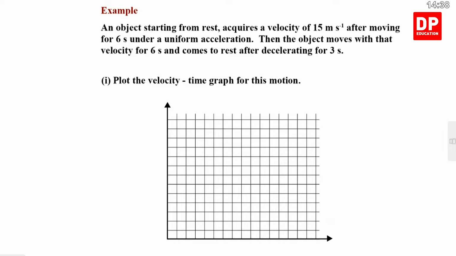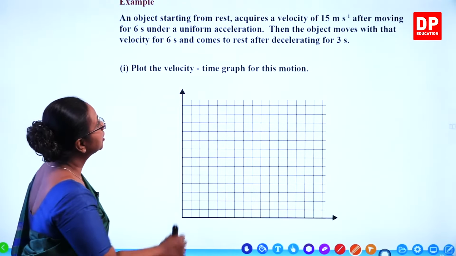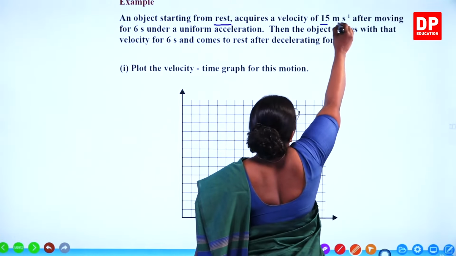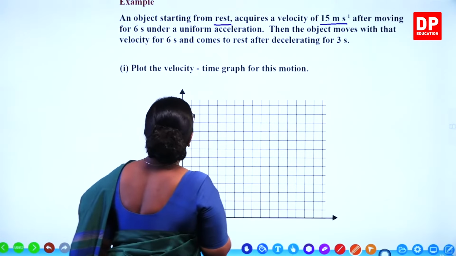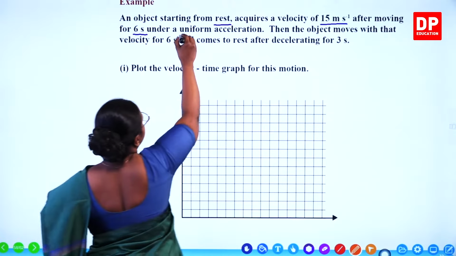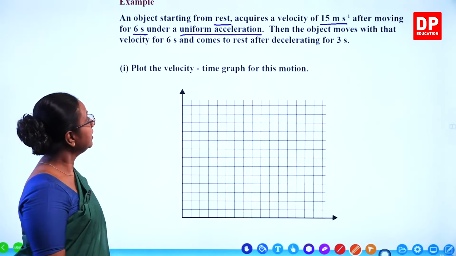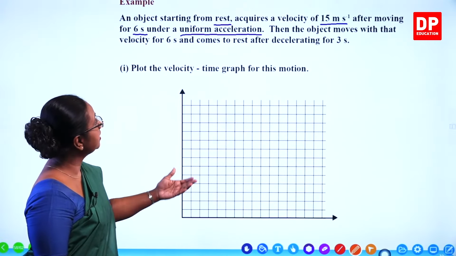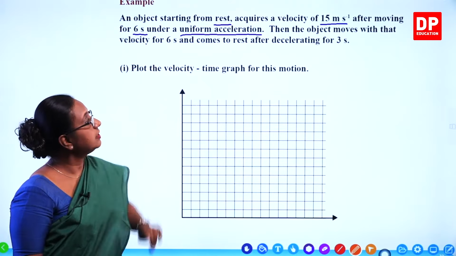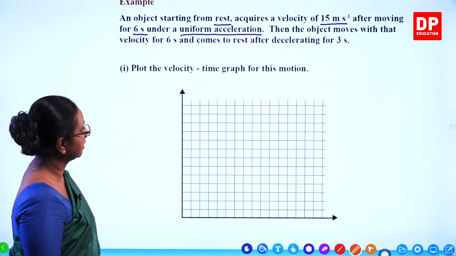The next example, an object starting from rest acquires a velocity of 15 meters per second after moving for 6 seconds under uniform acceleration. So here again the velocity is increasing uniformly for 6 seconds and the final velocity is going to be 15 meters per second.